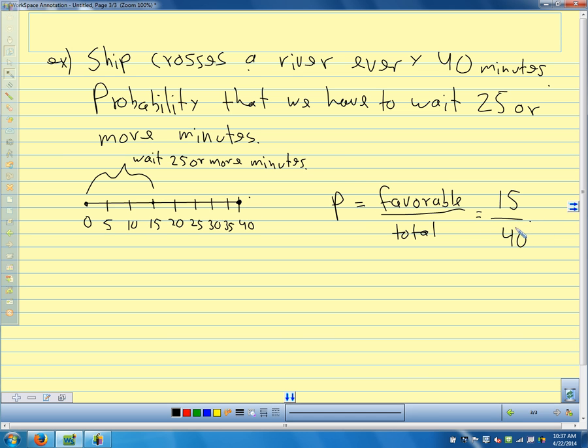And I can reduce that fraction, 15 over 40, divide everything by 5, 3/8. So I have a 3/8 chance that I have to wait 25 or more minutes arriving at the station at any random time.